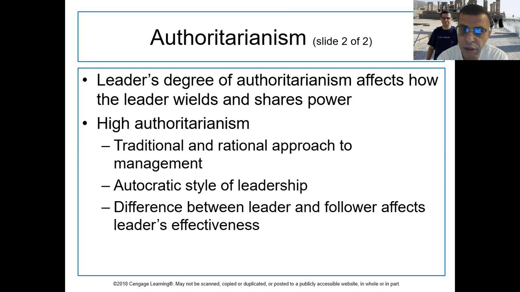High authoritarianism is a traditional and rational approach to management, an autocratic style of leadership, and the difference between a leader and the followers affects the leader's effectiveness.